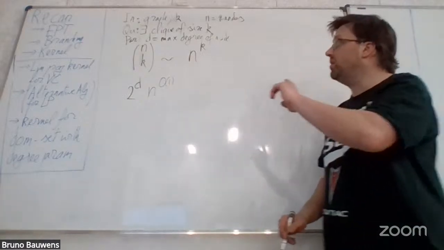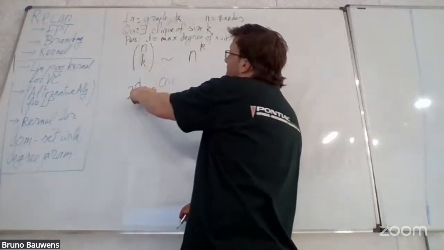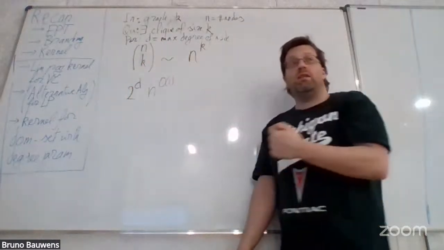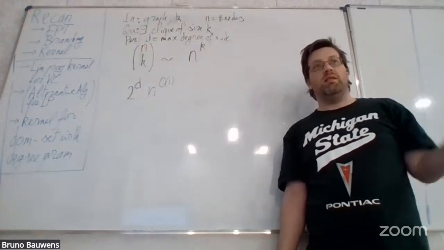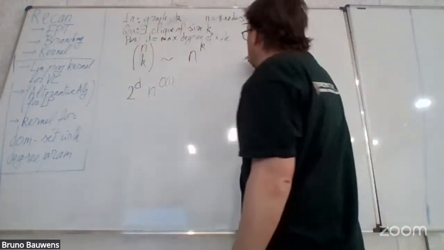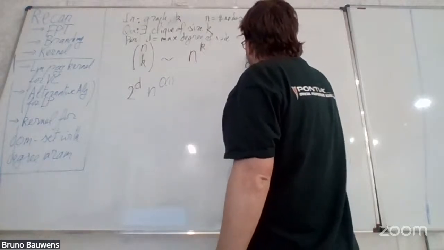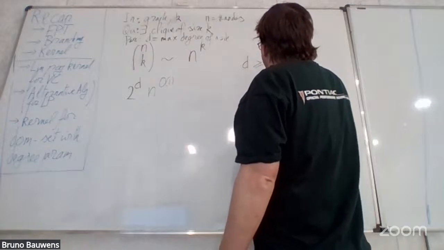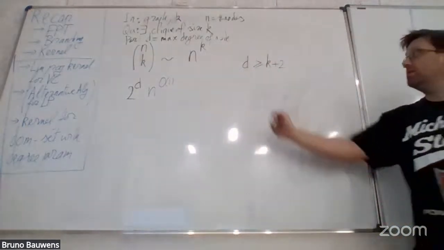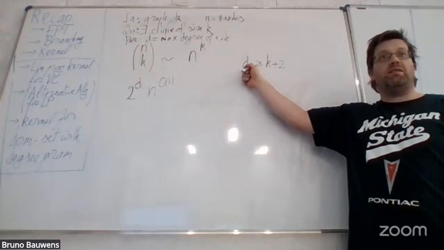What do we know if k is bigger than the max degree d? Let's say d is bigger than k plus 2. D is the maximal degree, then we know the answer is?